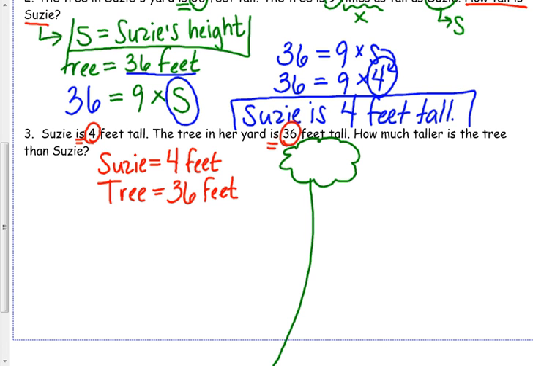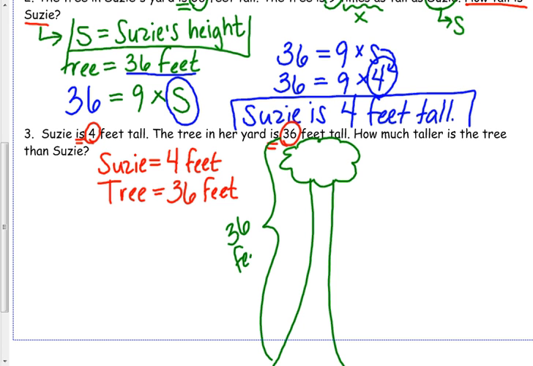I'm going to draw my tree that is 36 feet tall. And I'm going to draw Susie, who will be 4 feet tall.